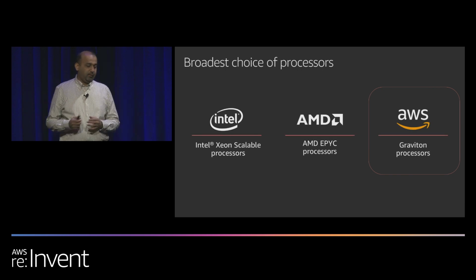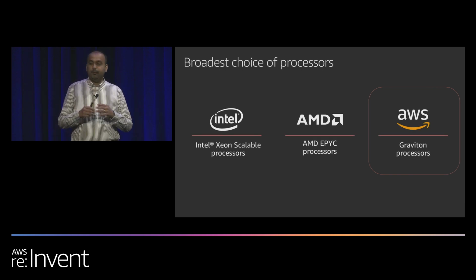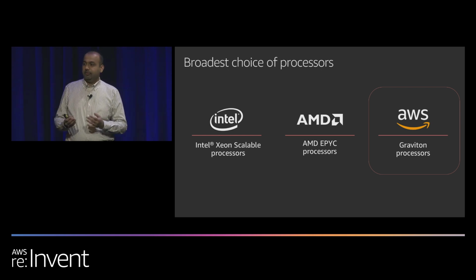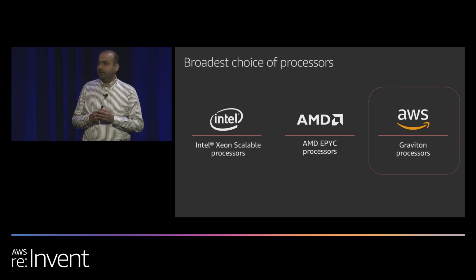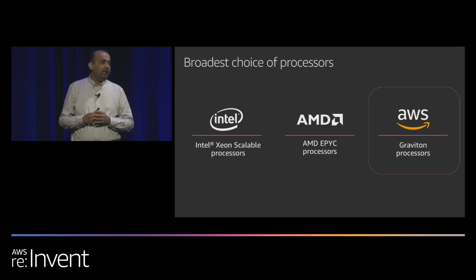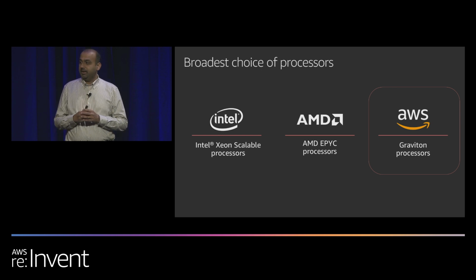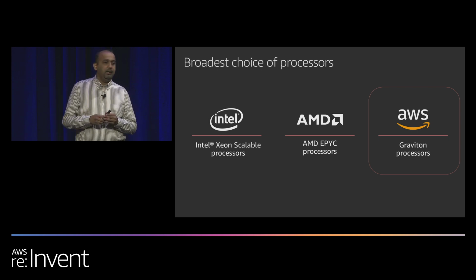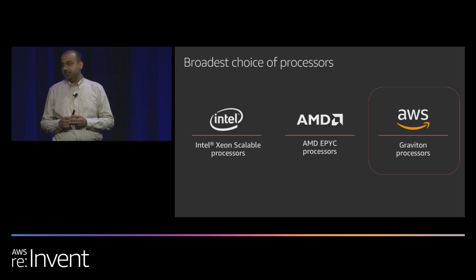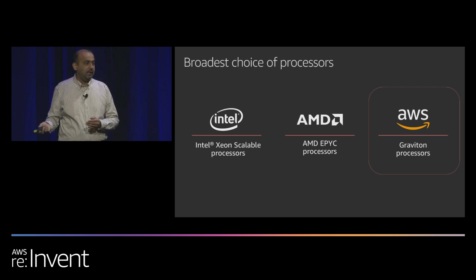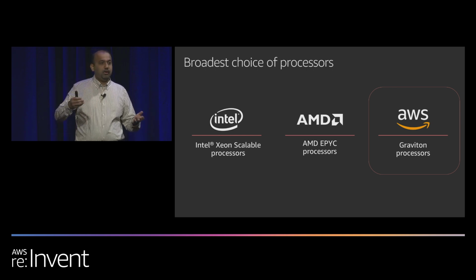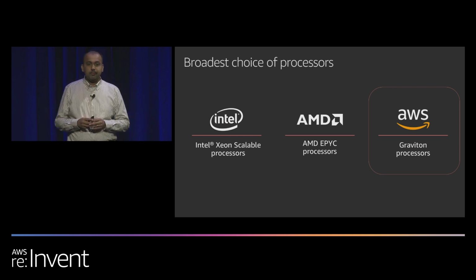What we also offer is a choice of processors within our instance families. So we've had a rich and long-term collaboration and partnership with Intel. And the Xeon scalable processors have been key to powering many of our instance types, including some of our most recently announced C5 larger instances, our M5, R5 higher networking instance types, our storage or our high memory instance types as well.